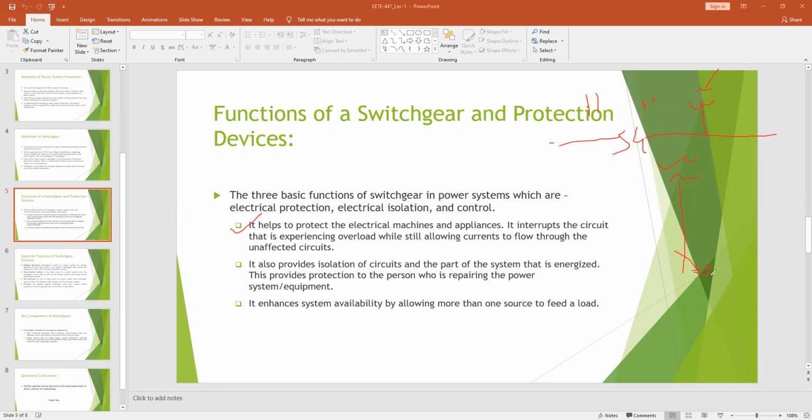For example, a short circuit has occurred here. You cannot keep this short circuit over the whole period because a fault is uncertain. What happens after a fault? You send some maintenance people over there. Somebody goes there and checks what happened. He finds that a short circuit fault has occurred.